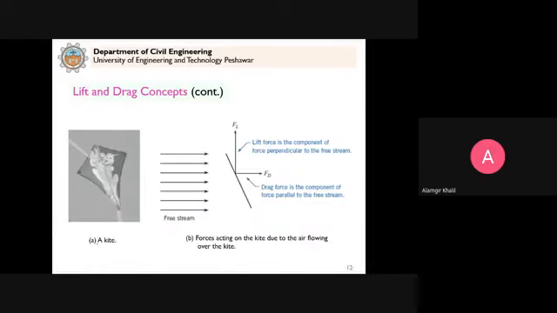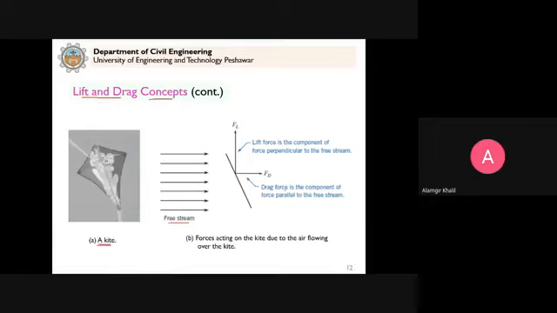Now, when we fly a kite through the air, you can see here that the motion of the air is represented by this free stream. Clear? And when the kite flies through the air, these two types of forces are acting. Clear?